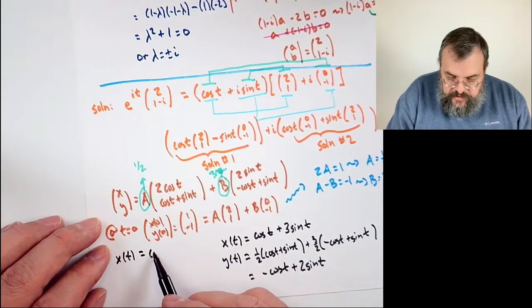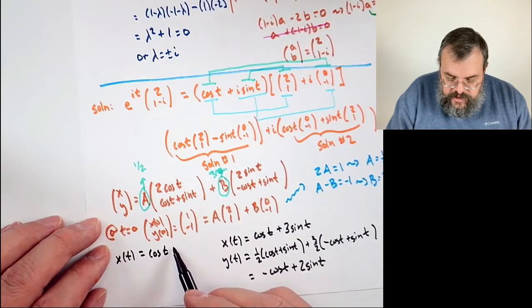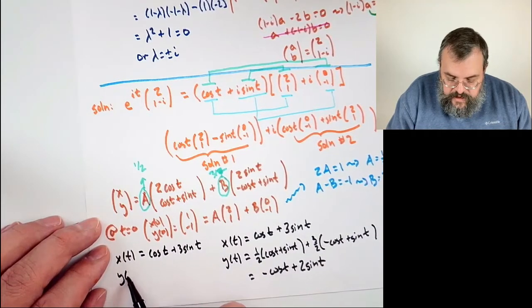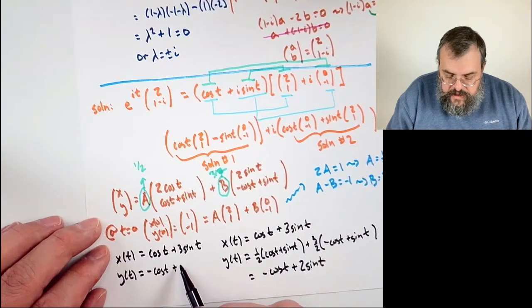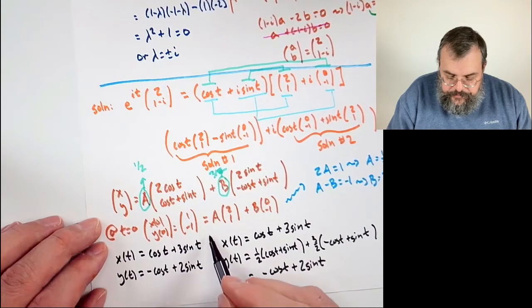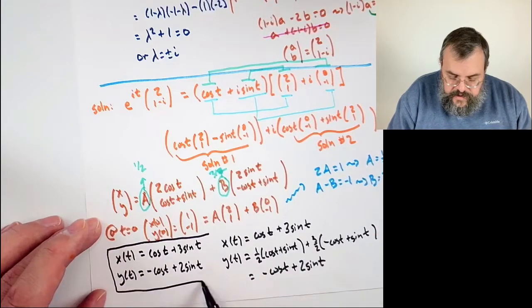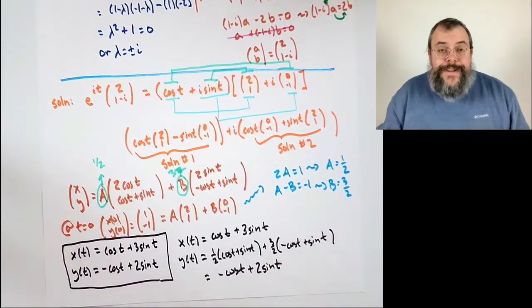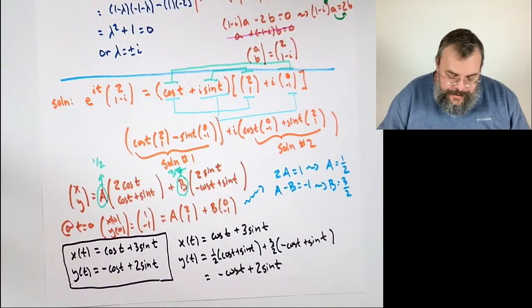So we end up with x of t is cosine t plus 3 sine t, and y of t is minus cosine t plus 2 sine t. And there we are. Great, right? We did it.